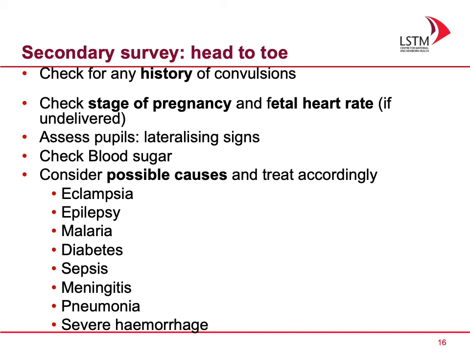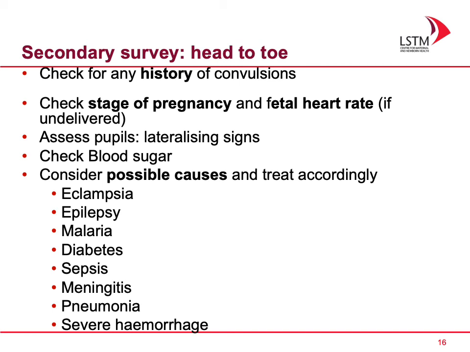So assess the patient's pupils to look for lateralizing signs. Do both pupils react to light equally? Or do they have fixed dilated pupils, for example? Check the blood sugar, because hypo and hyperglycemia can both affect the level of consciousness, and consider other possible causes.